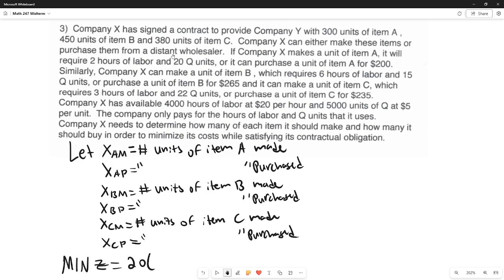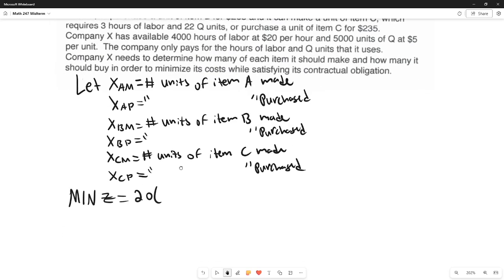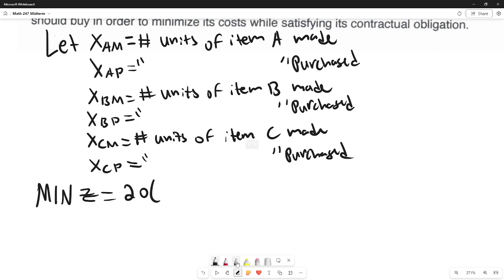So for item A, it requires 2 hours of labor if it's made. So that's going to be 2XAM.